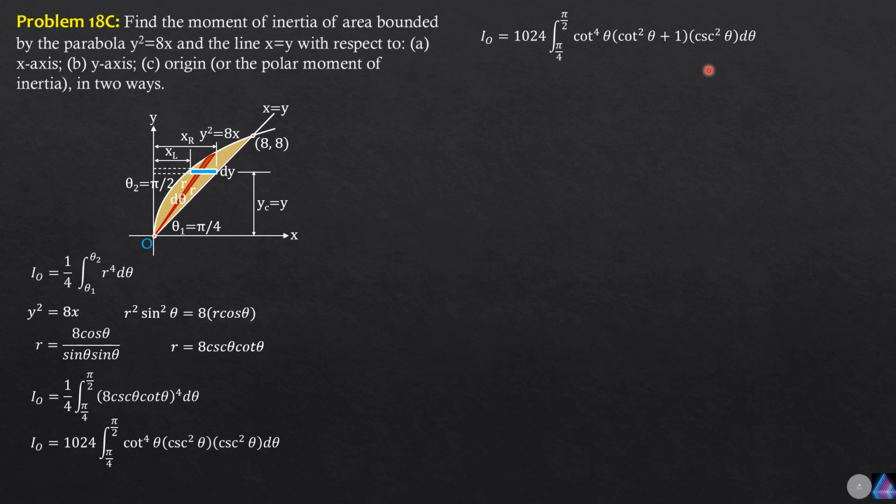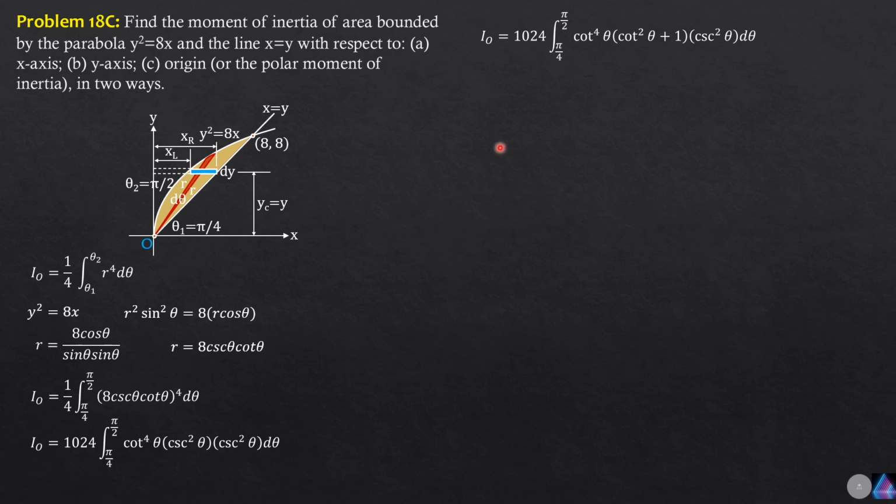So if we let u be cotangent of theta, the differential is negative cosecant squared theta d theta, which is present here. So I put this negative cosecant squared theta d theta, and I also multiply this by negative 1 to maintain the original expression.